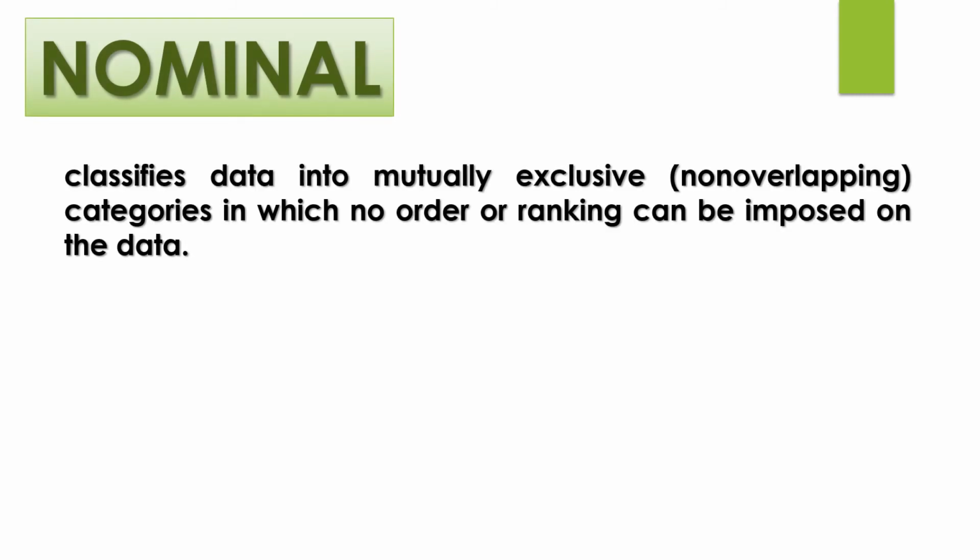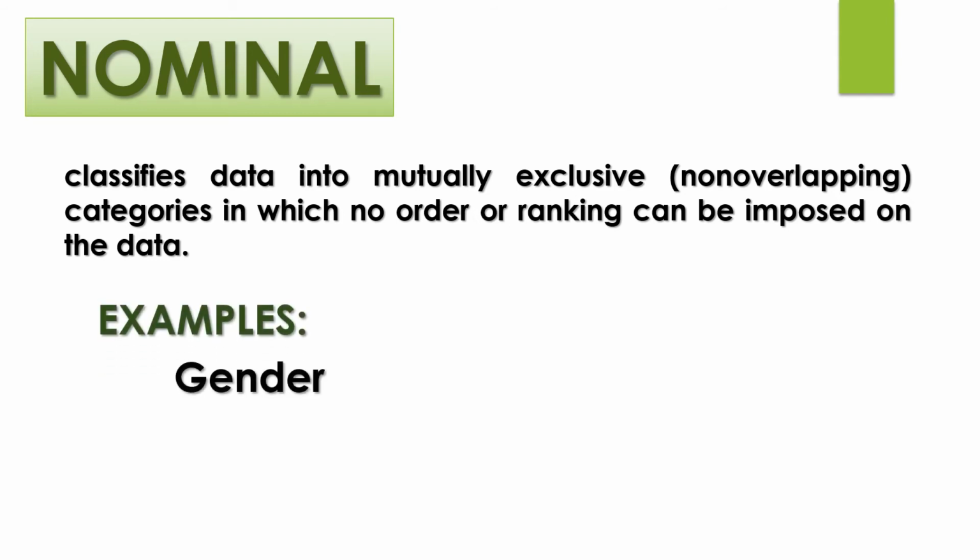Sabi dyan, it classifies data into mutually exclusive, non-overlapping categories in which no order or ranking can be imposed on the data. Kapag ang numerical data ay walang ini-impose na order at ranking, wala siyang order, wala rin siyang ranking, okay, so under nominal data siya.